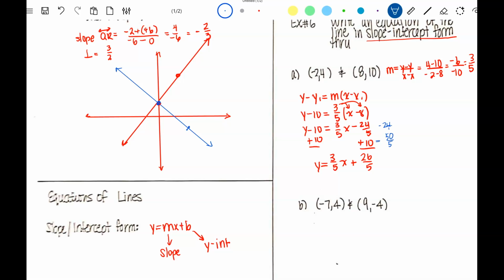So -24/5 plus 50/5 is 26/5. So here's the equation of that line in slope-intercept form.